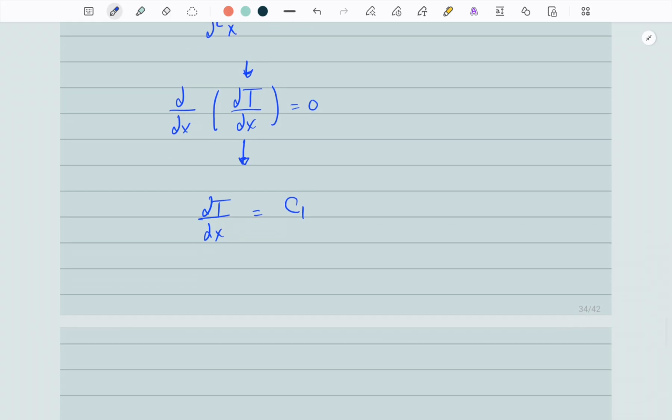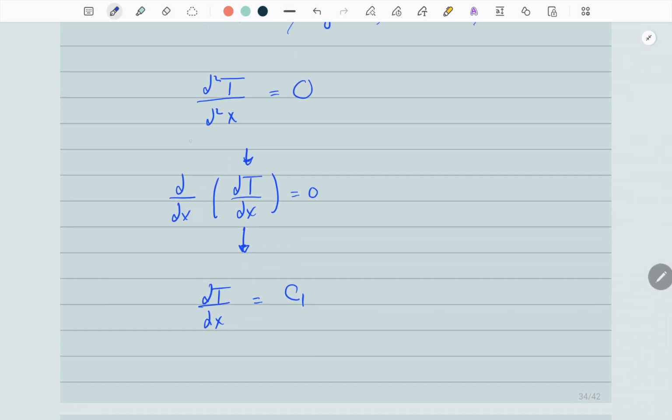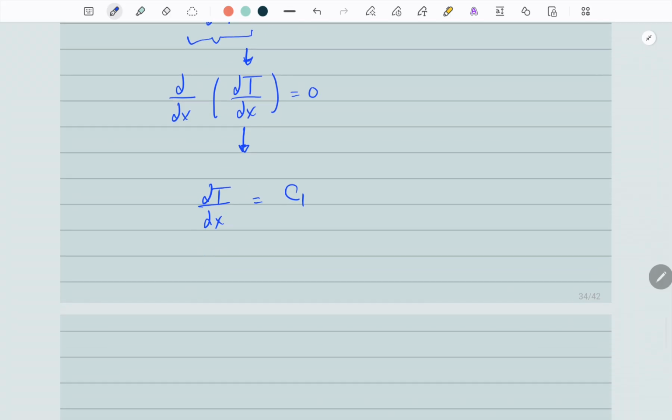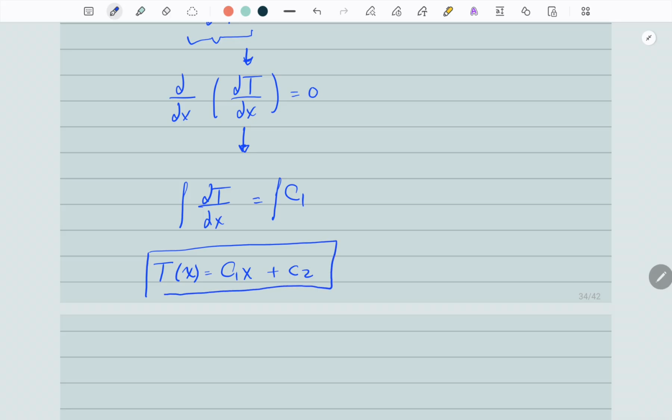If we're working our way backwards to find the function for this term here. Okay, so now we can integrate both sides to find that T as a function of x equals C1 x plus C2. And that is the temperature distribution equation for the problem we have on the top.